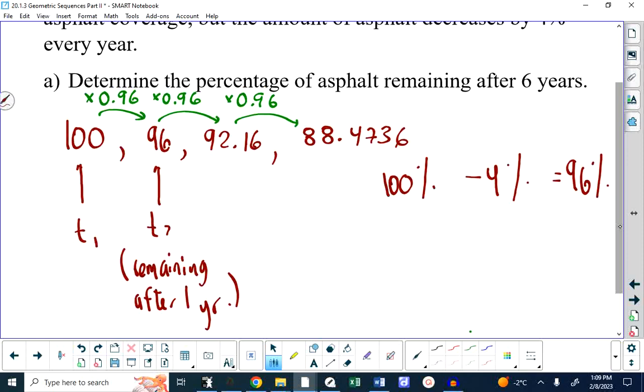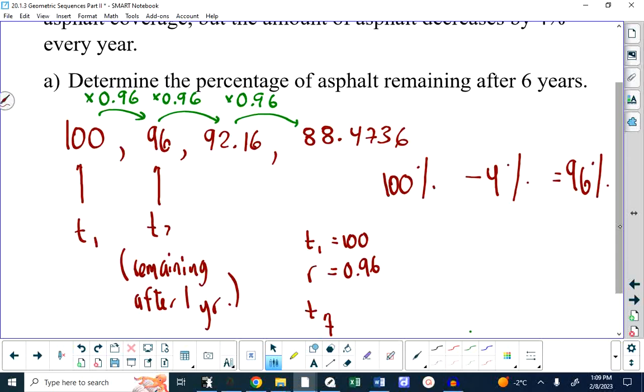If you want to use T1 equals 100 and R equals 0.96, then the amount remaining after 6 years is going to be T7. Because it's the second term that tells you about the first year. The third term will tell you about the second year.